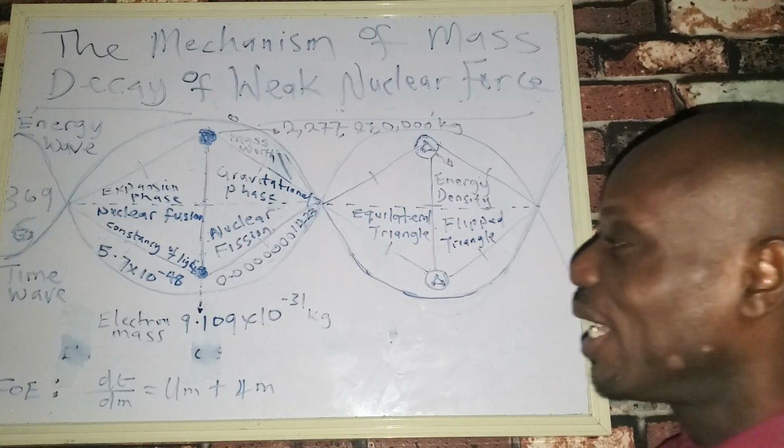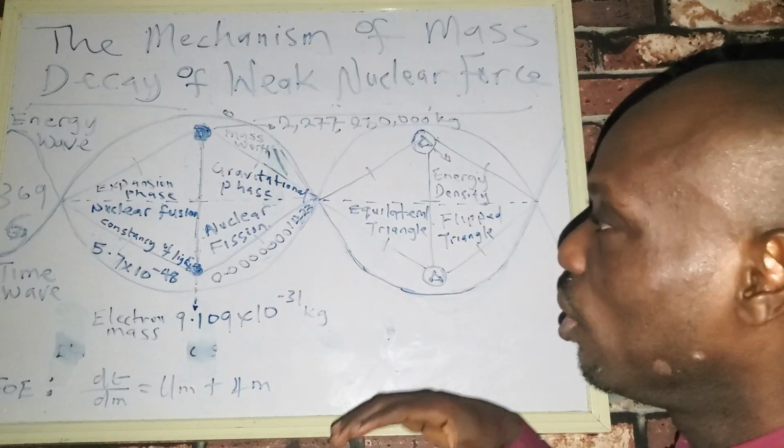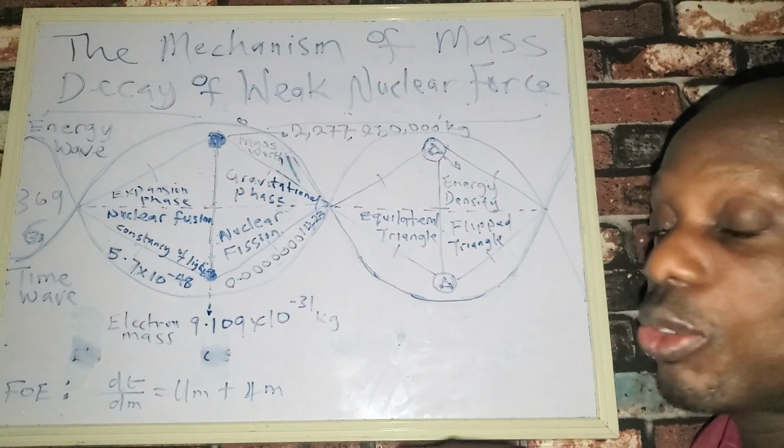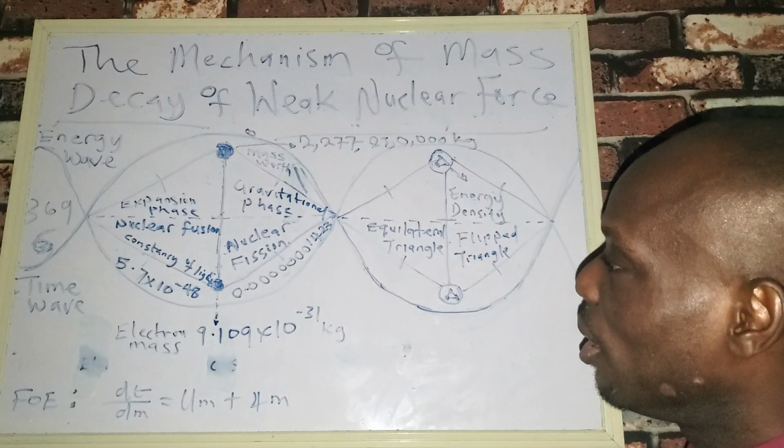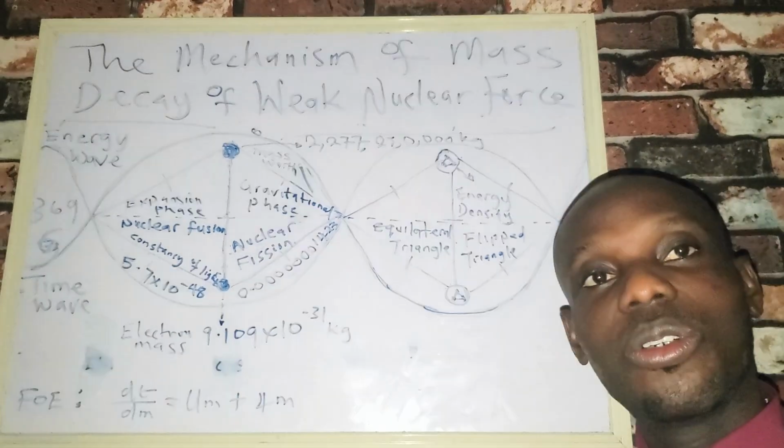So the decaying mechanism is to negate the mass worth of an element to the point where it gets so light.